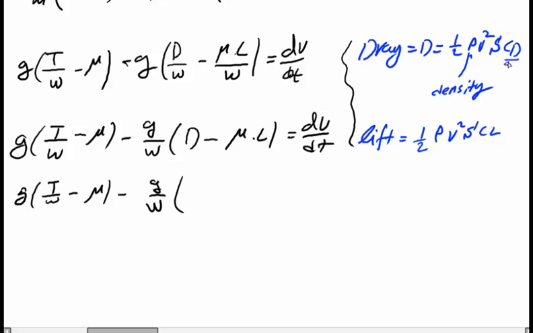This is the coefficient of lift, the same as here. So we substitute in this relation: half rho V square S times Cd minus mu half rho V square S Cl will be equal to dV/dt.